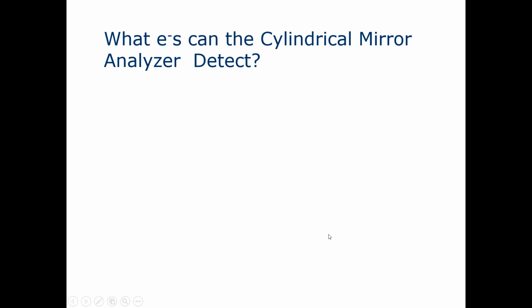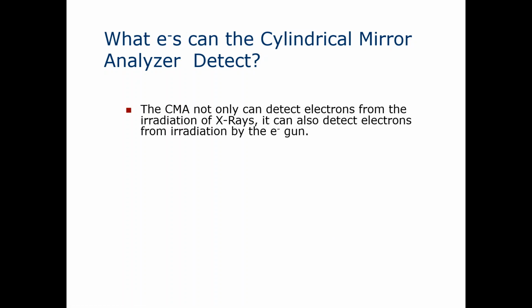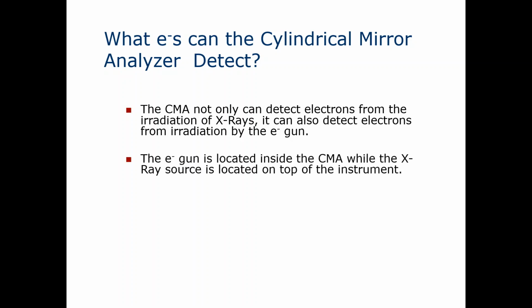What electrons can the cylindrical mirror analyzer detect? The CMA can not only detect electrons from the irradiation of X-rays, it can also detect electrons from radiation by the electron gun. The electron gun is located inside the CMA, while the X-ray source is located on the top of the instrument.